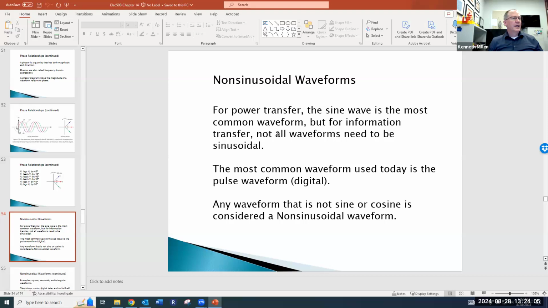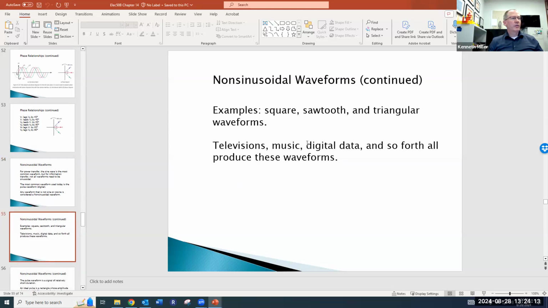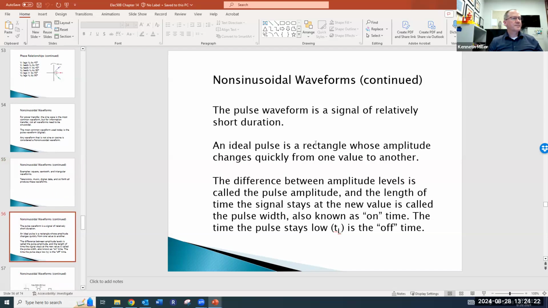All right. Now, there's other non-sinusoidal waveforms that we can look at. So like the square wave, television, music, digital, and so forth, all produce non-sinusoidal waveforms.